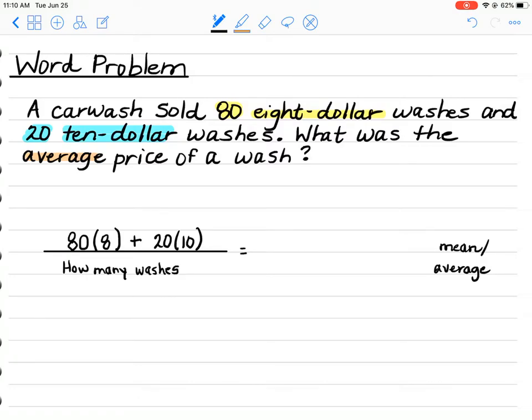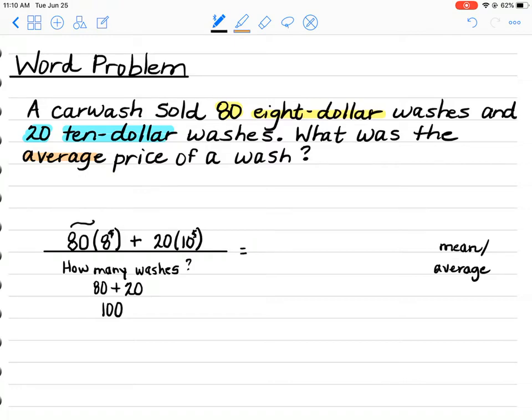Now remember that the 8 is a dollar amount and the 10 is a dollar amount. So how many washes were there? There were 80 plus 20. So we sold at our car wash business 100 car washes.